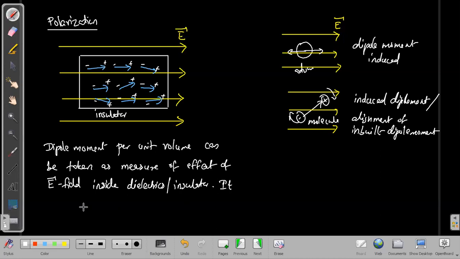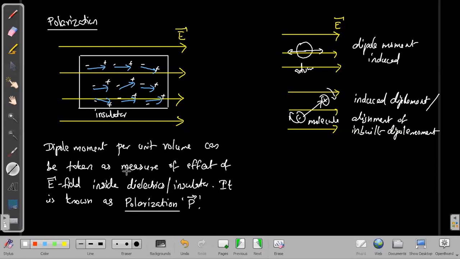This measure is known as polarization and denoted by the symbol capital vector P. Remember, we'll denote small p for a dipole moment and capital P for polarization.